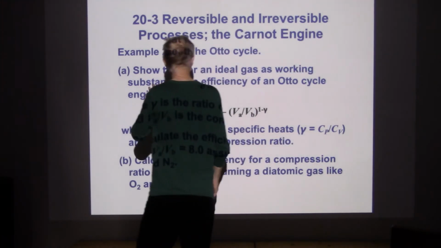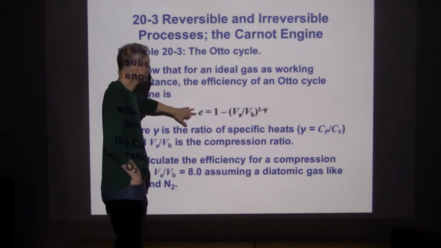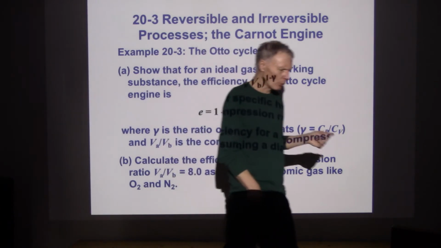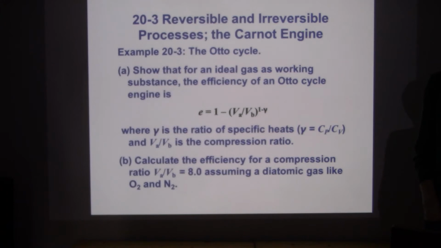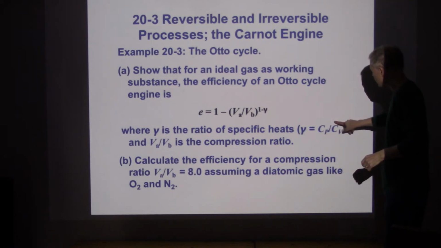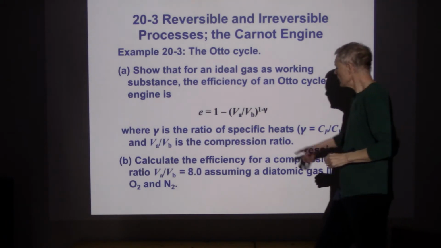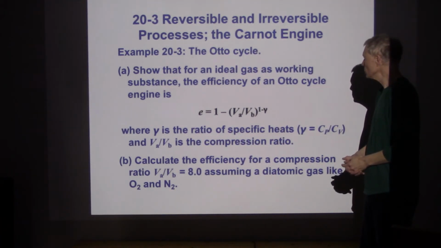Let's show that for an Otto cycle, the efficiency is given by 1 minus the ratio of volumes to the power 1 minus gamma. Gamma, if you remember, we went through that pretty quickly in chapter 19, is defined as the ratio of Cp to Cv for the gas inside this chamber. And VA over VB is considered the compression ratio.